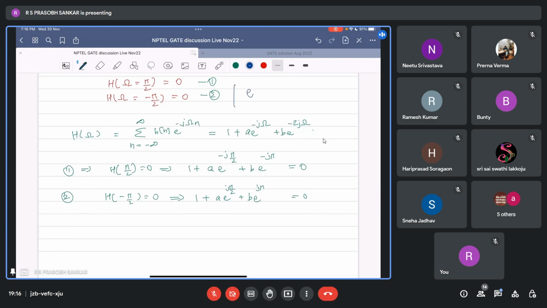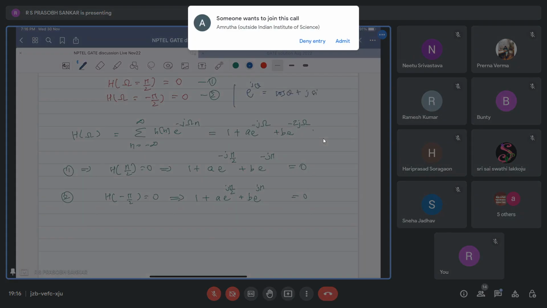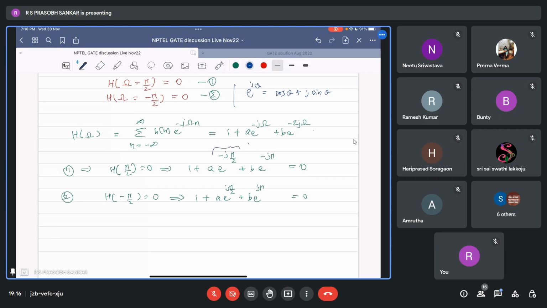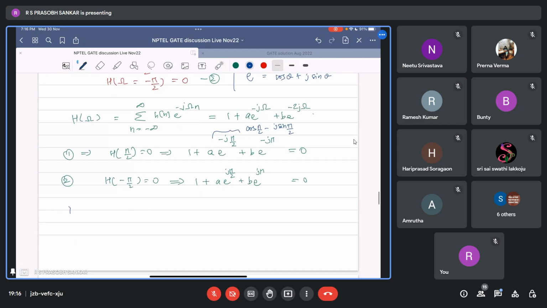Now, if we recollect, e raised to j theta is nothing but cos theta plus j sin theta. So what do we have here? We have this equation number 1. This term a e raised to minus j pi by 2 is nothing but cos pi by 2 minus j sin pi by 2. So 1 plus a times (cos pi by 2 minus j sin pi by 2).